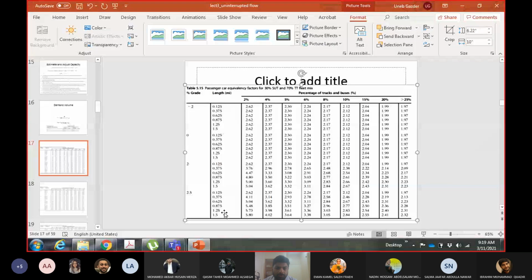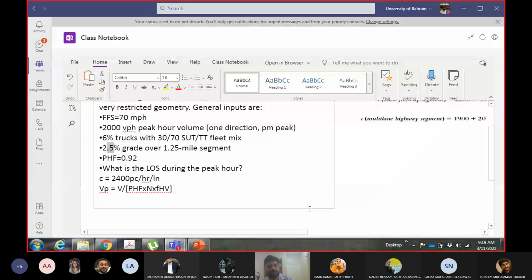So 1.25 mile length, 2.5% gradient, and 6% trucks. I will go in this direction and look at it here. So you can see 3.36. So ET is 3.36.